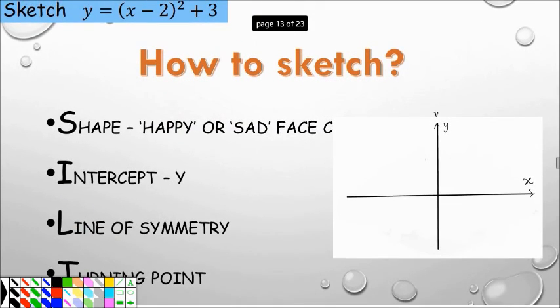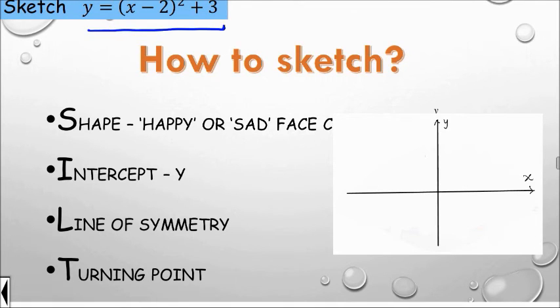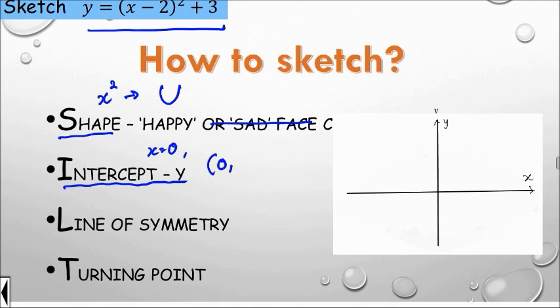Alright, as a summary, let's summarize what we have learned in sketching this complete the square curve. We say that first we determine the shape. Since this is an x squared, we know that this is a happy shape curve. It's not a sad shape curve. To find the y-intercept, I let x equal 0, and I found that it is 0, 7.